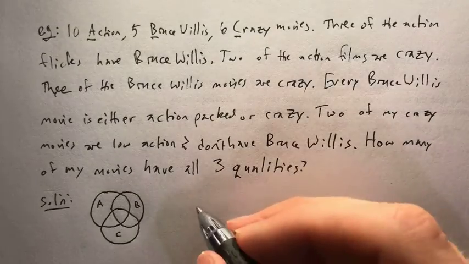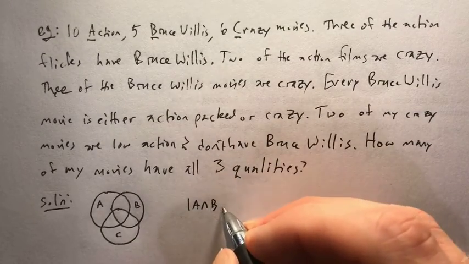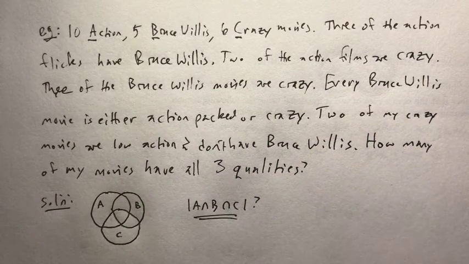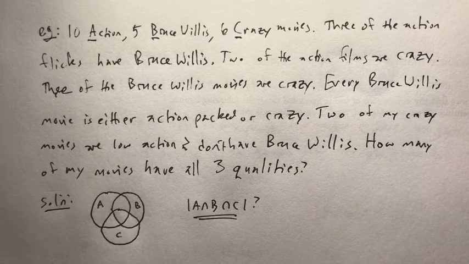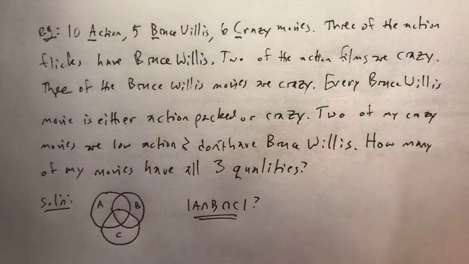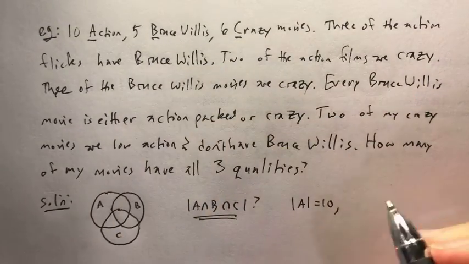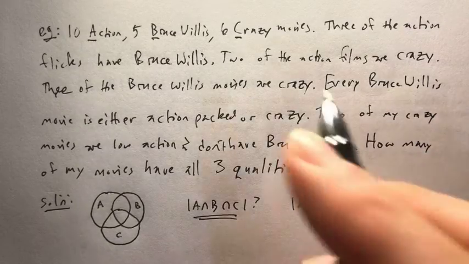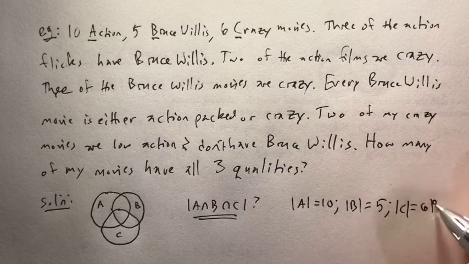So the question really translates to what is the size of A intersect B intersect C, right? That's what we want to know. All right, well, let's start by translating what we know. So we've got the size of A is 10, the size of B is 5, and the size of C is 6.